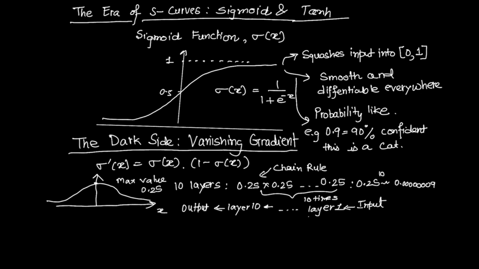So it's 0.25 to the power of 10, which is roughly 0.000001, which is very close to 0, and the signal dies. The weights in the early layers, the ones responsible for detecting edges and basic features, stop updating. The network stops learning. The deep network becomes effectively shallow because only the last few layers are actually training.